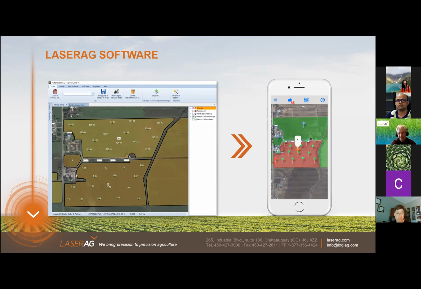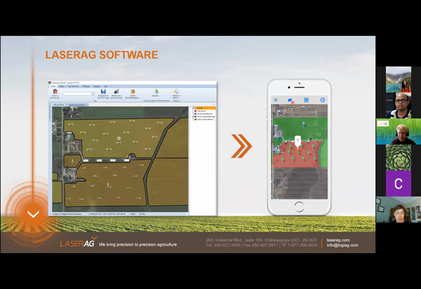Once this is done, it synchronizes with a mobile app on a smartphone. And the person who will actually go out in the field and sample, once near the field, turns on the app, and it will guide them to the various points that the supervisor has intended to be sampled. Each sampling point will be geopositioned, and the sampling app will also have, if you see on the screen, this icon here is for a QR code.